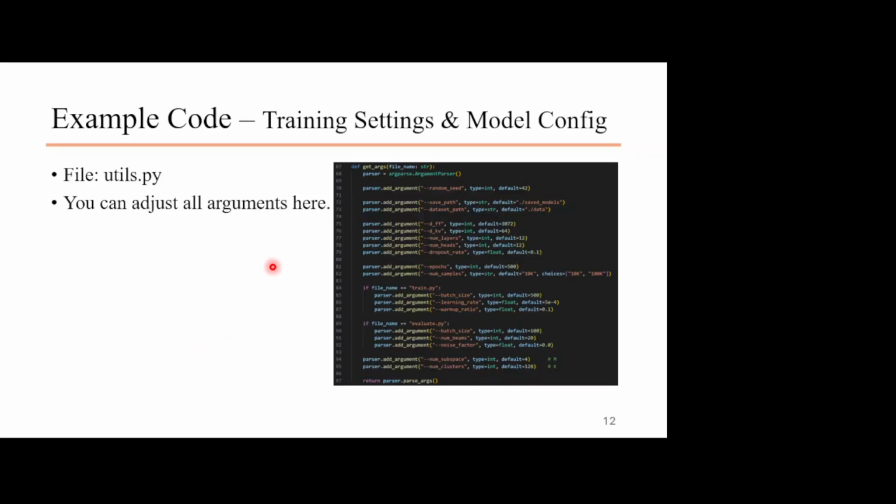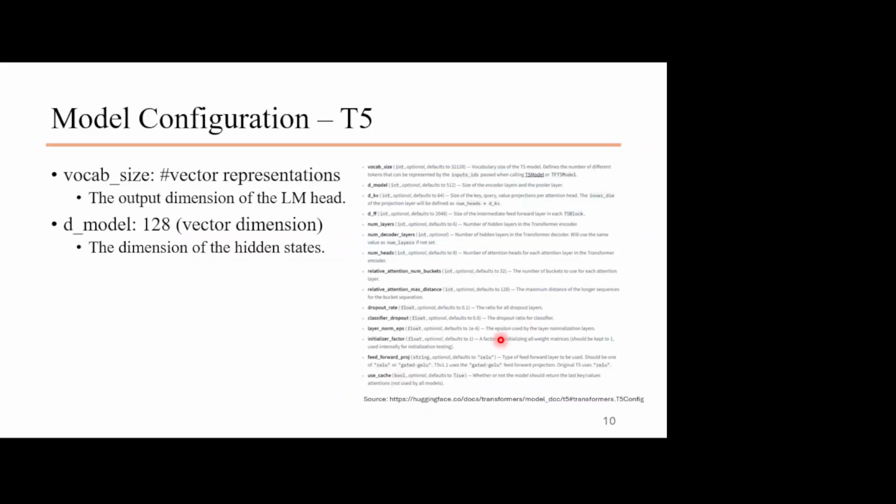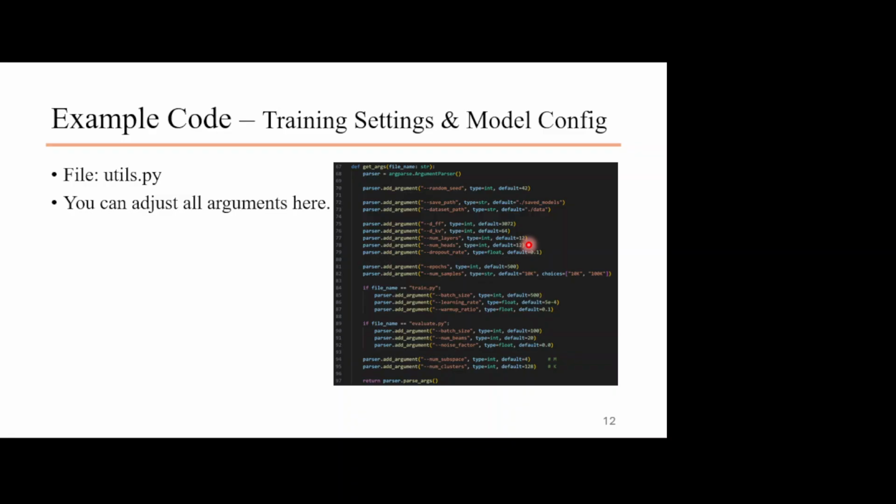The first one is util.py, and you can modify all the parameters in the getArgs function, such as the model configuration we talked about here, and maybe your training epochs or learning rate. You can modify the parameters in this function.